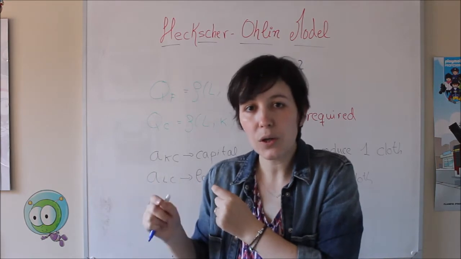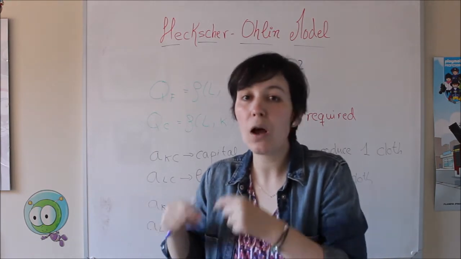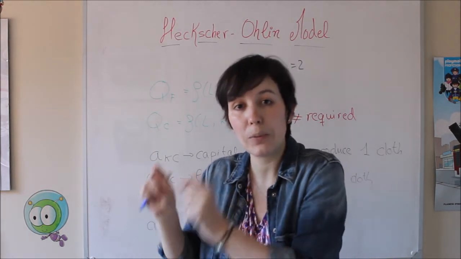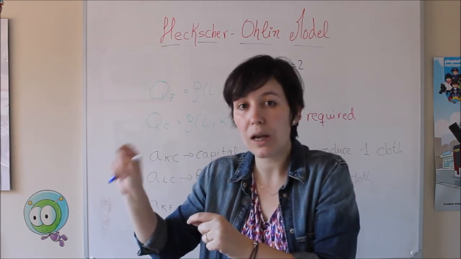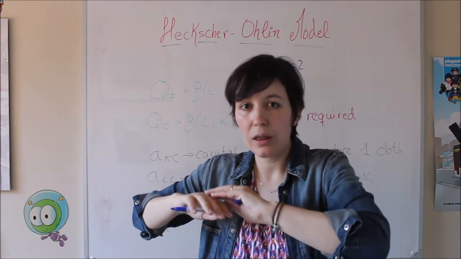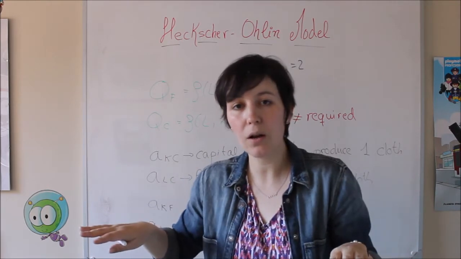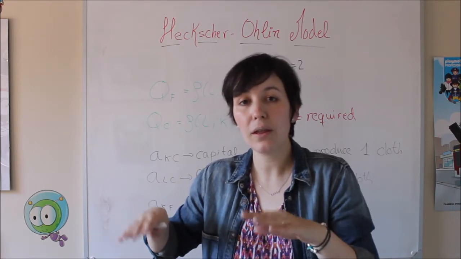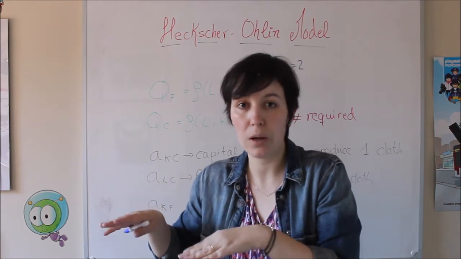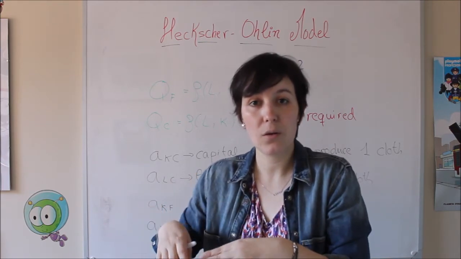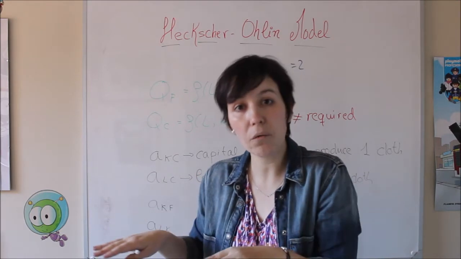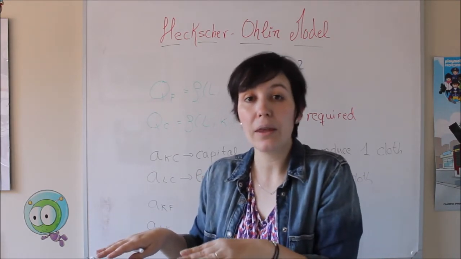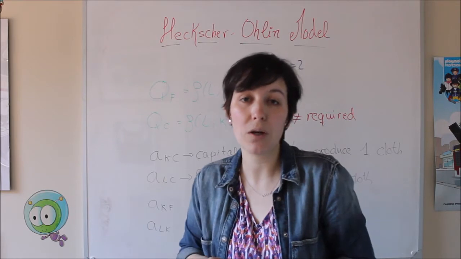So each industry was using the whole amount of the specific factor of production. In one of them it was capital, so the industry used the whole capital of the economy, and the only thing that could change was the amount of labor. The other industry was doing the same thing, but using the whole amount of land in that economy, and the only thing that could change was the amount of labor.